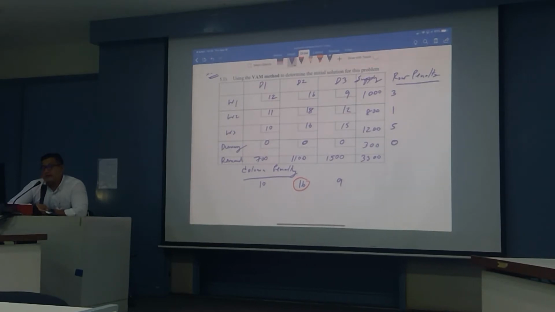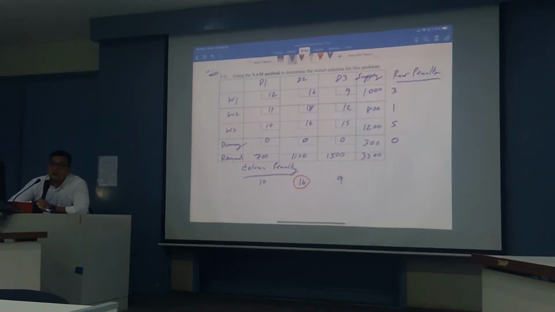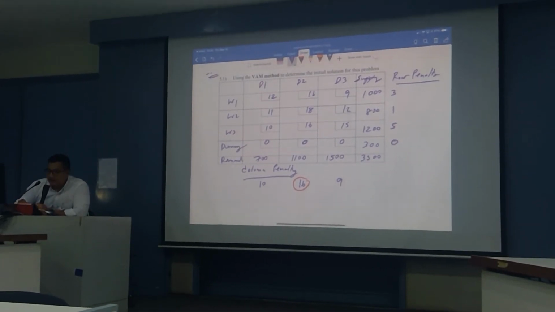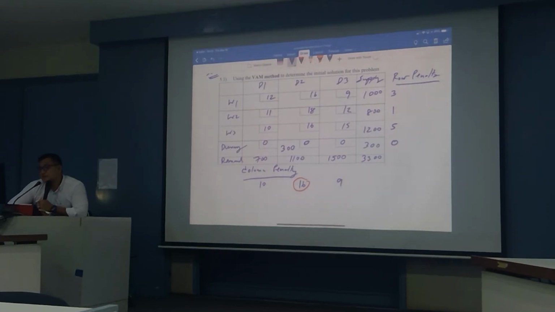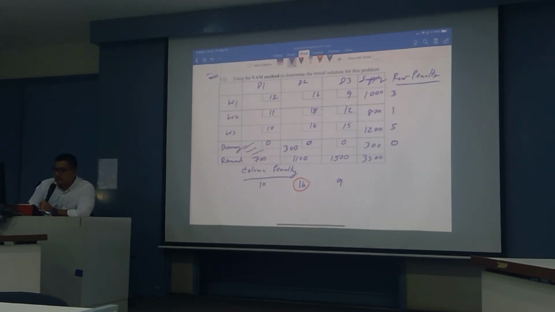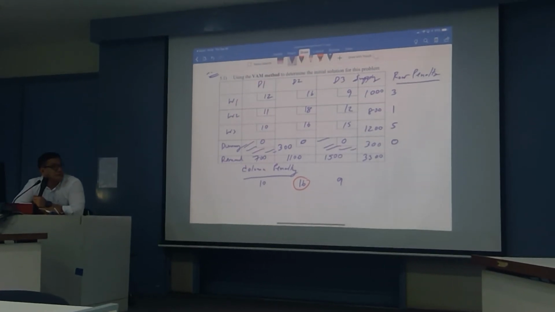Comparing supply 300 and demand 1,100, the lower value is 300. So we deliver 300 to this cell. Once you deliver 300 to this cell, it means that we use all the capacity of the dummy factory. So for the next round, these two cells we will not consider anymore.